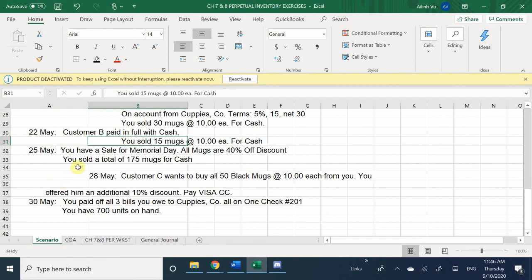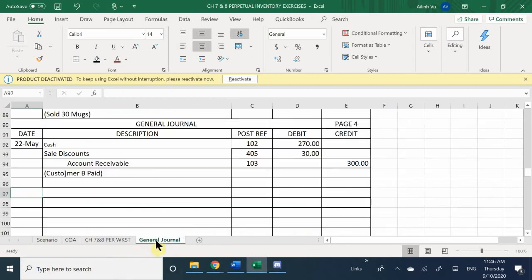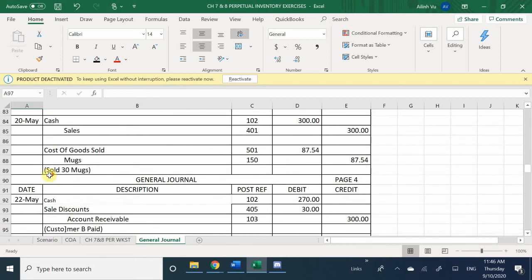go ahead and enter in this thing here. So we sold another 15 mugs at $10 each for cash. So my journal should appear to be what?